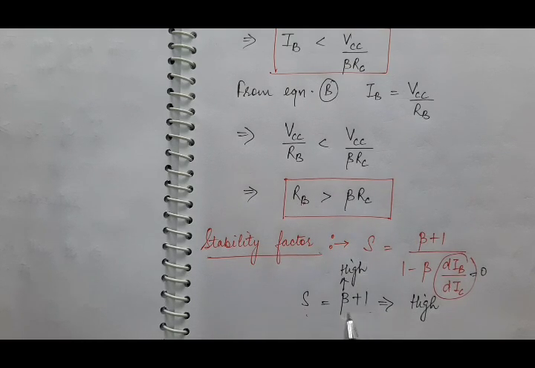We know that the value of beta is high, it means beta plus 1 is very high. So it is a higher value of stability factor. It will cause higher thermal instability. So that is why this transistor in fixed biasing mode is thermally unstable. So that is why we cannot use this.